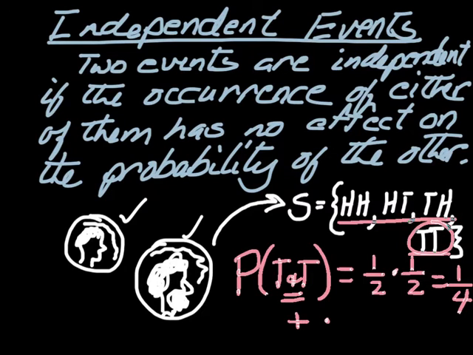So there are a couple of things going on here I want to point out. First one is, somebody's going to describe some type of experiment, tossing 2 coins, tossing 3 coins, etc. It is very important that you have a method that helps you understand what is in the sample space. In this case, I listed a head for the first coin and a head for the second coin.